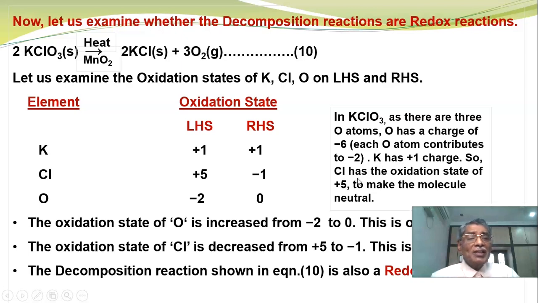So Cl has the oxidation state of +5 in KClO3 to make the molecule neutral, whereas it has the oxidation state of -1 in KCl. Once again, I must mention that equation 10 is a decomposition reaction and also a redox reaction.